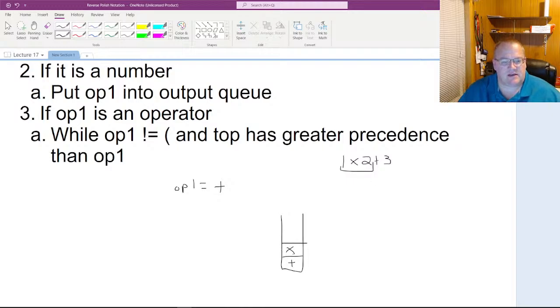So if I wanted to do the reverse Polish on this, it's going to be 1, 2 times 3 plus. Because I'm going to do the 1 and the 2, then I'm going to do the multiplication. And then I have my 3, and then the 3 gets added to whatever value we got from this first part, which in this case is still 2. Okay.